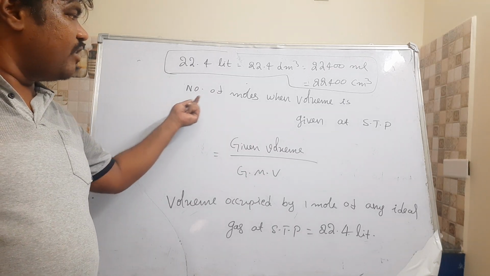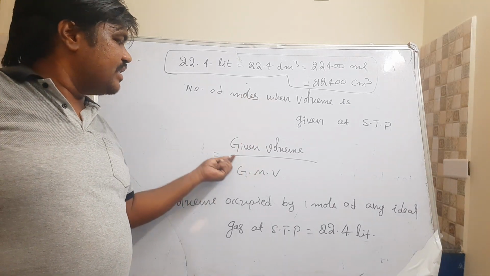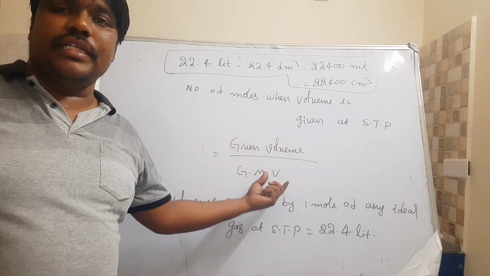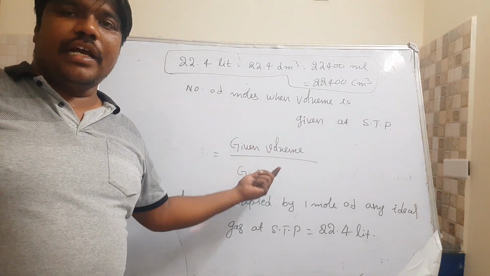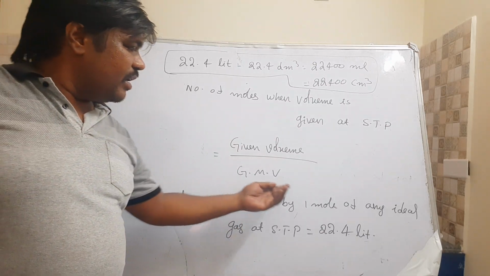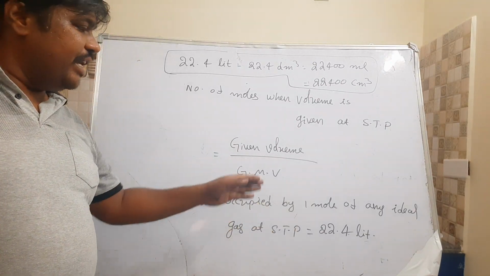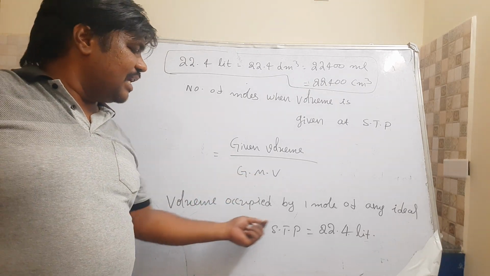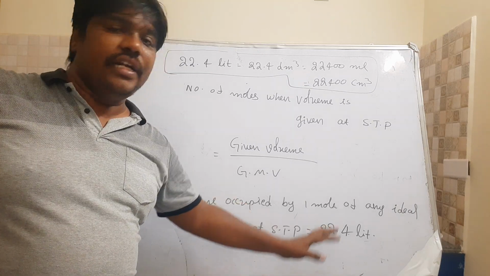This is the formula. Number of moles when volume is given at STP is equal to given volume by gram molar volume, students. What is gram molar volume? Volume occupied by 1 mole of any ideal gas at STP is equal to 22.4 liters.